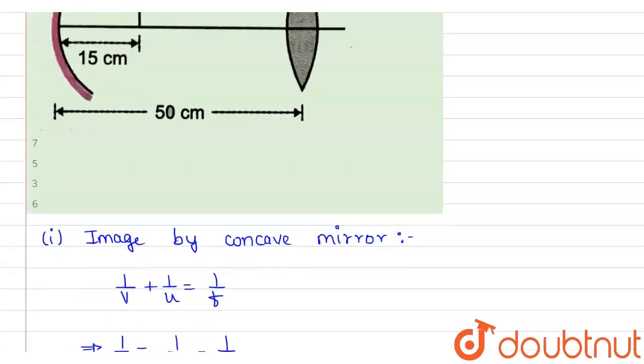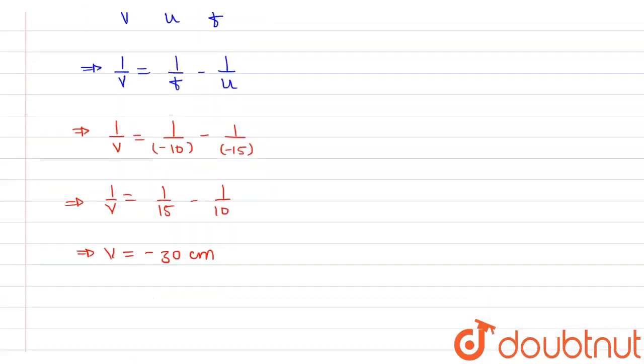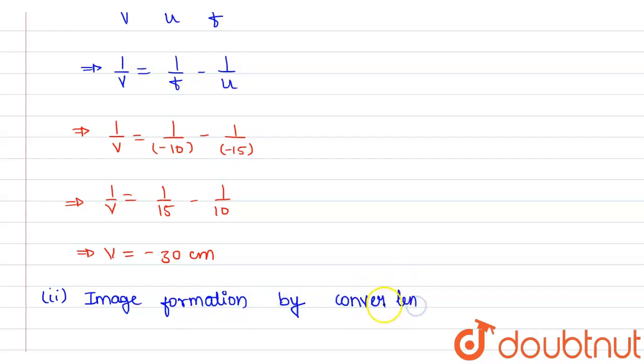Now this will act as an object for our convex lens. So we do our second step, image formation by the convex lens.